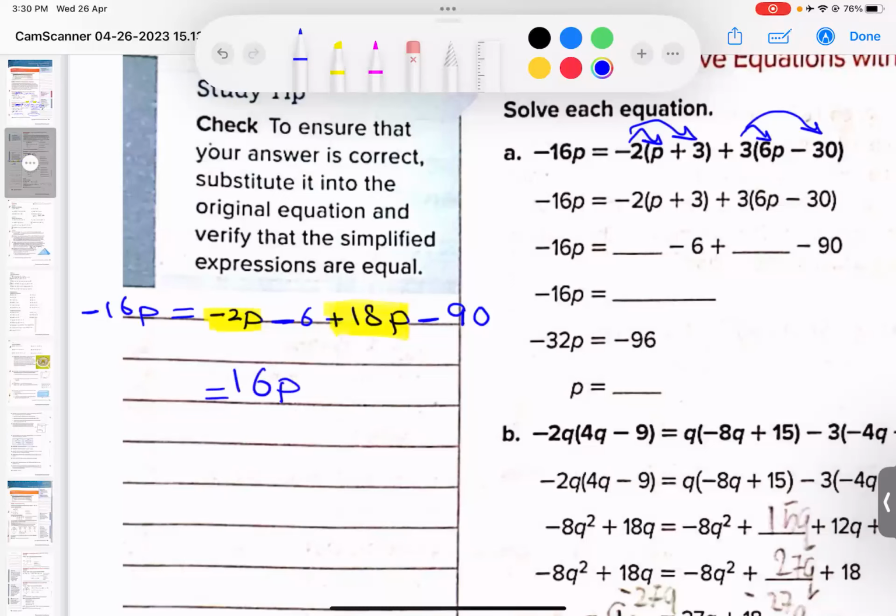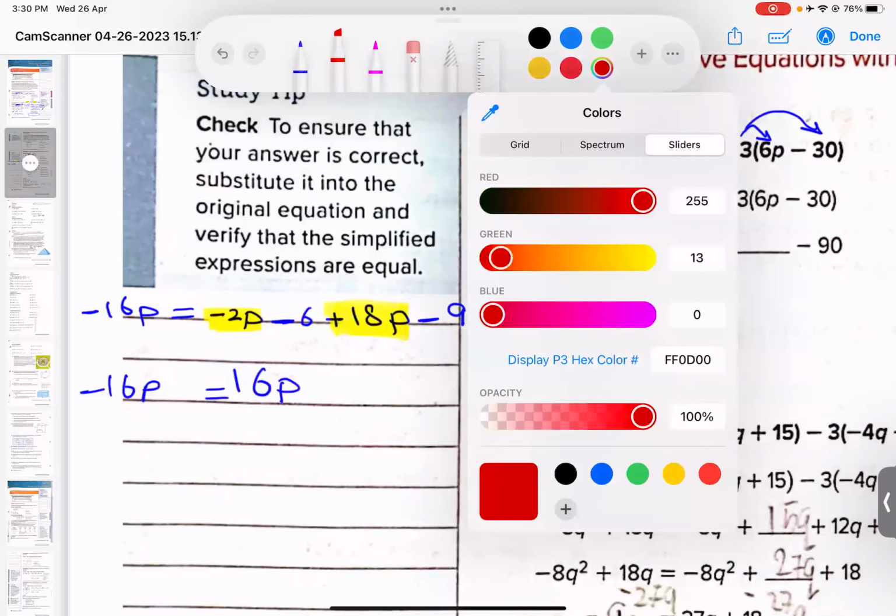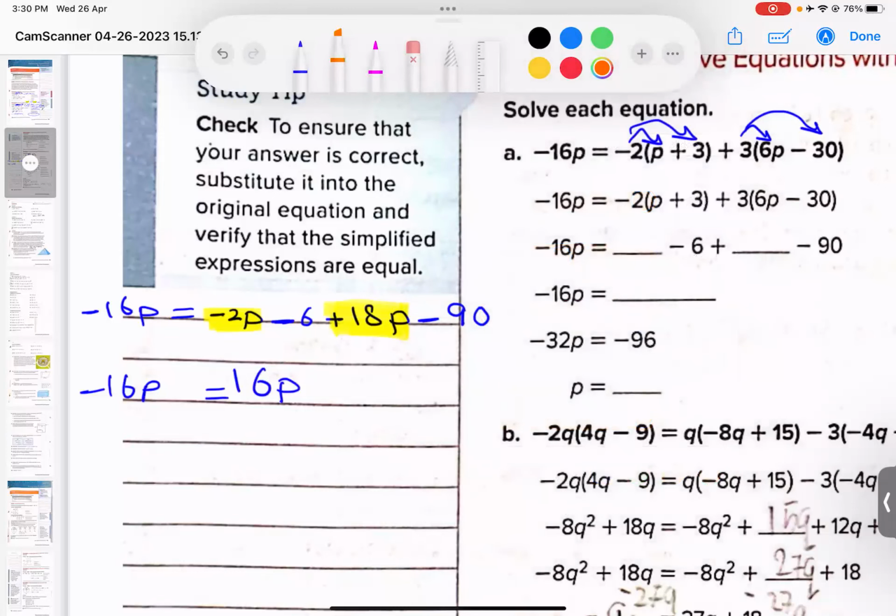Because I try to subtract 18 minus 2 to be 16, right? Right now, we try to use the color. This one is -6. At the same time, we have -90.